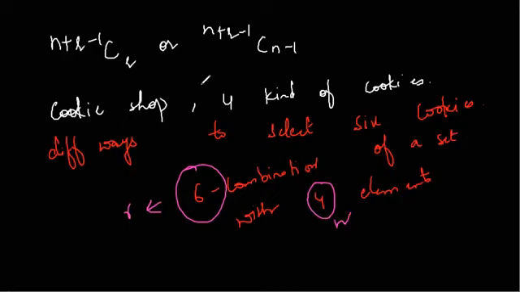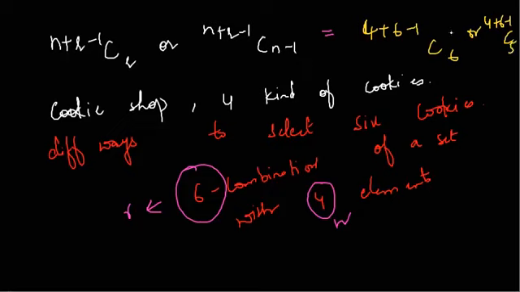Now if you substitute it in the formula, it will be 4 plus 6 minus 1 C 6, or it can also be written as 4 plus 6 minus 1 C n minus 1.